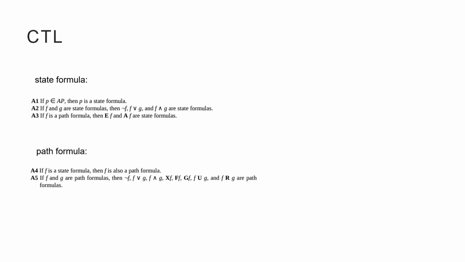Here are the definitions of the two types of formulas, but we won't go into detail. However, it's important to note that these formulas can be connected using logical operators like conjunction or disjunction, and can be modified by temporal operators like until or release to create more complex logical expressions.